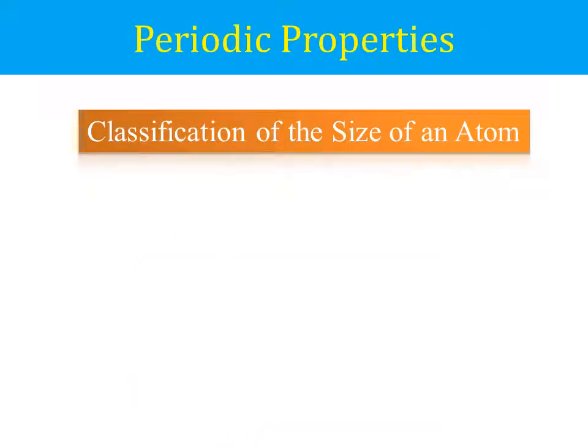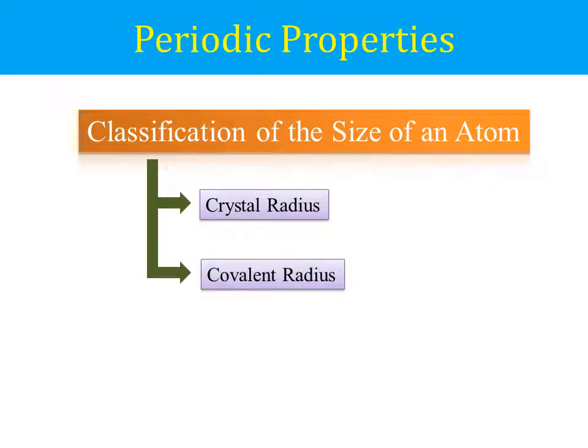Coming to the classification of the size of an atom. Classification of the size of an atom means we are actually classifying the atomic radius. Isn't it so? What are the different types? Let's check it out. The first one is called the crystal radius. The second one is called the covalent radius. And what about the third one?